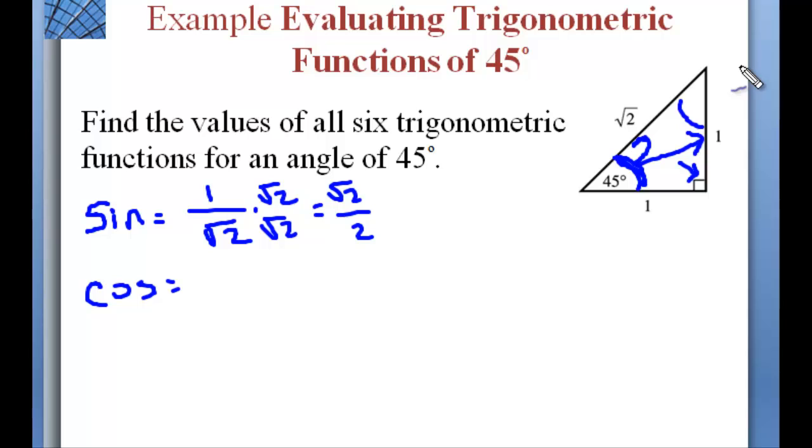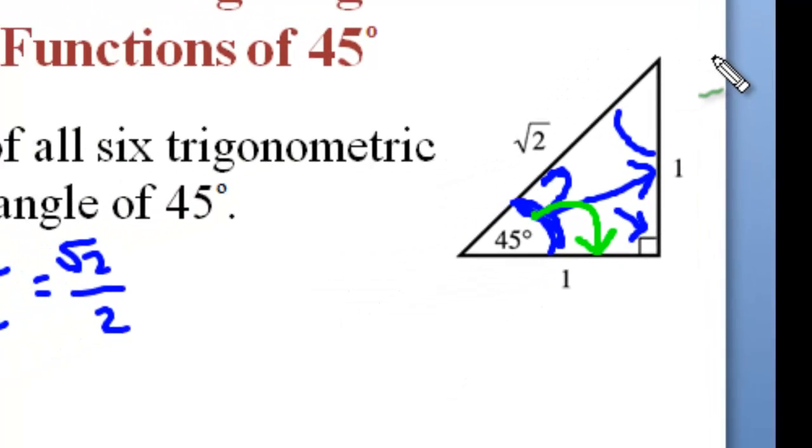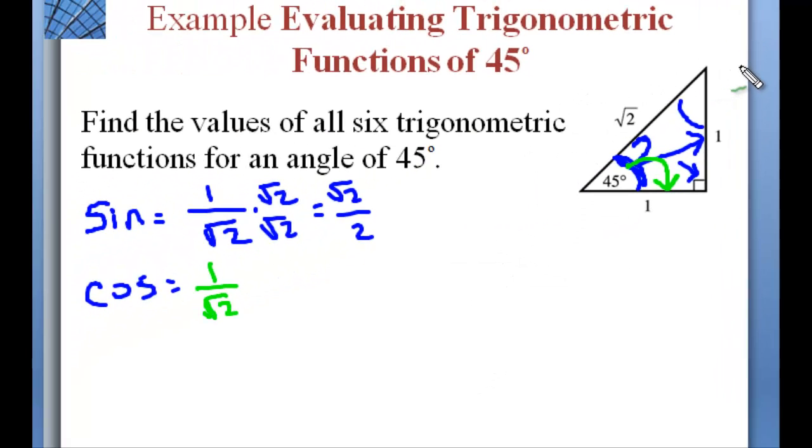Cosine is the adjacent over the hypotenuse. Let's go with a different color here. So the adjacent is the angle right next to it over the hypotenuse, square root of 2, and again, rationalizing, we end up with the square root of 2 over 2.